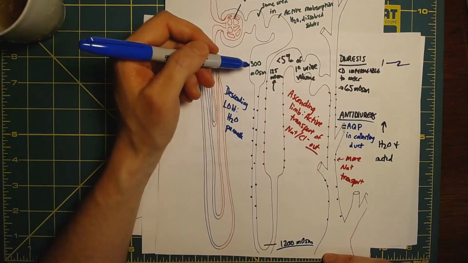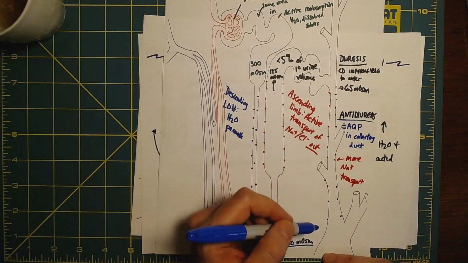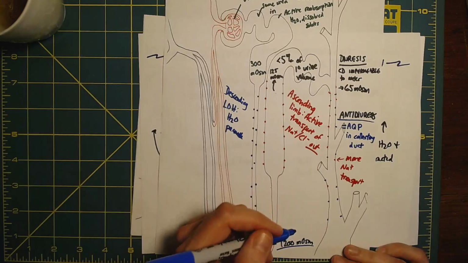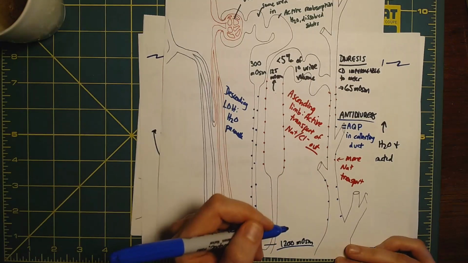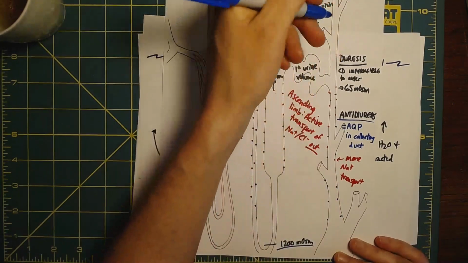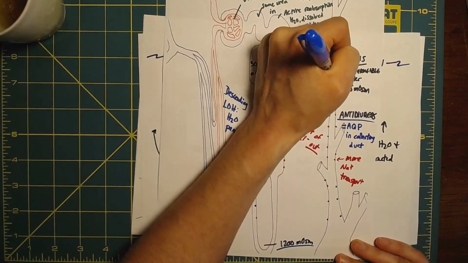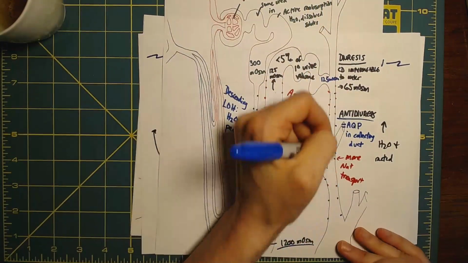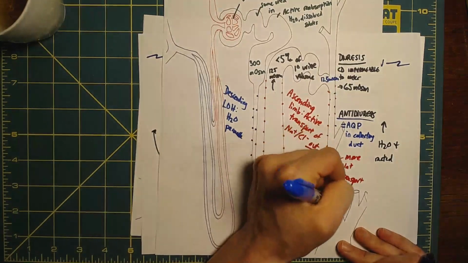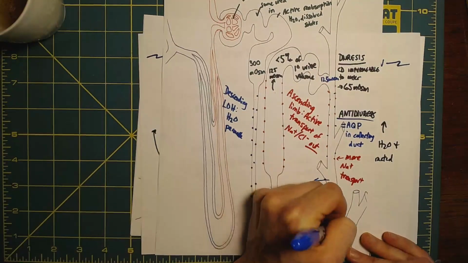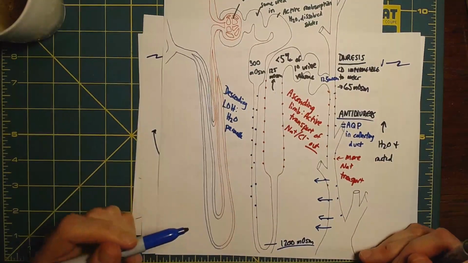So the consequence is that if this collecting duct is permeable to water, we can start to extract water back out, right? If this up here is at 125 milliosmoles, there's a strong osmotic gradient to collect water back out along this collecting duct.